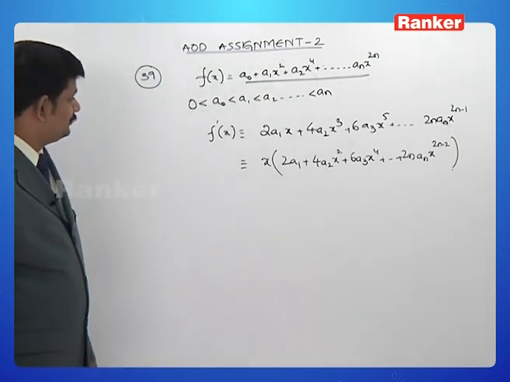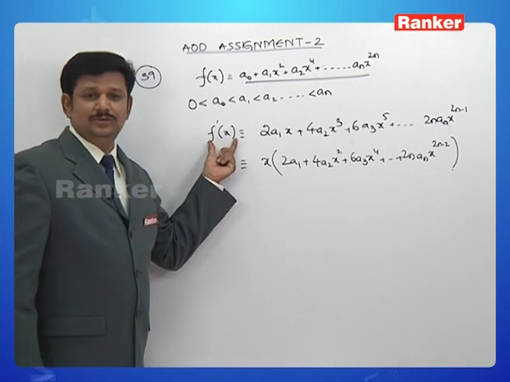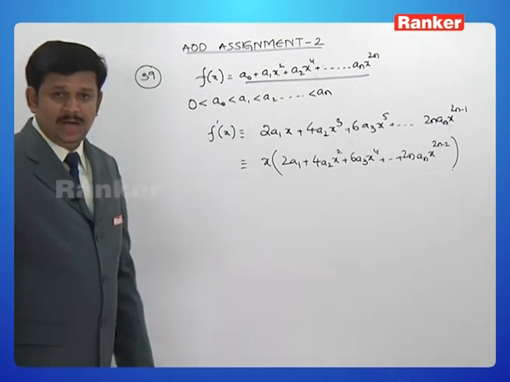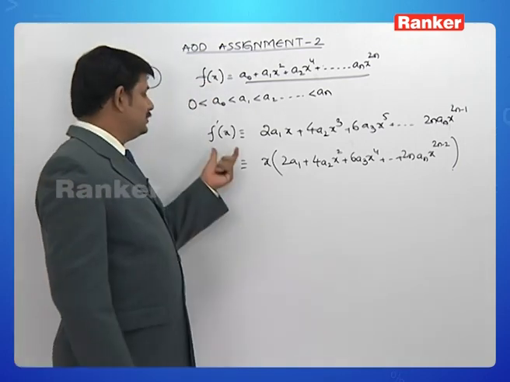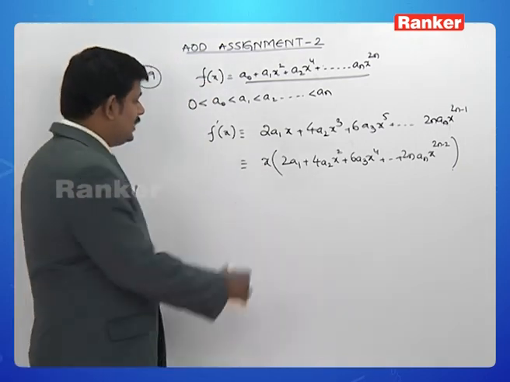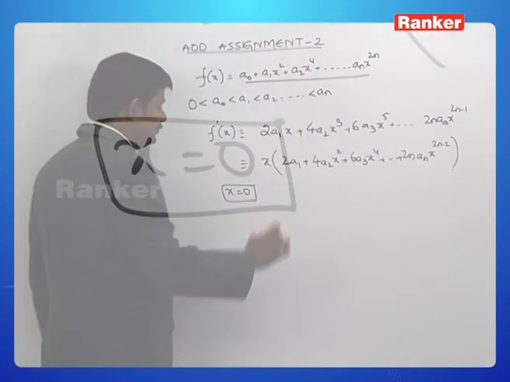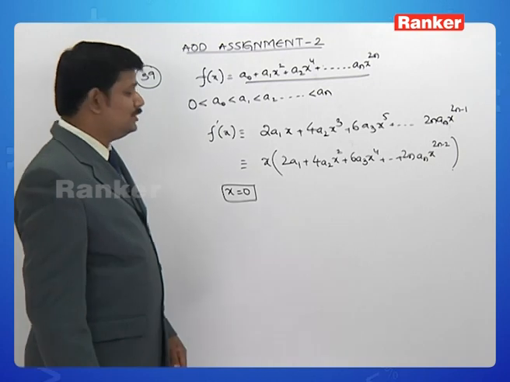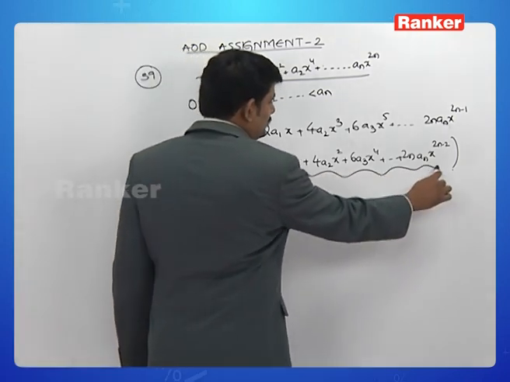Now here we have to see when f dash x can be 0. We need to investigate for maxima and minima, and maxima and minima for a differentiable function occurs at critical points where the derivative is 0. So clearly when x is equal to 0, there is a critical point, f dash x is becoming 0. Let us see if there exists any other root for this equation.